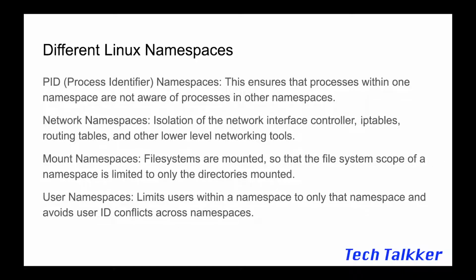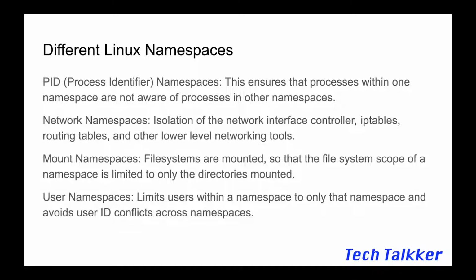Moving on. So these are the different Linux namespaces which we already kind of looked at. One is the PID namespaces. This ensures that processes within one namespace are not aware of processes in other namespaces. The second is network namespaces. Isolation of the network interface controller, IP tables, routing tables, and other low-level networking tools from that of the host machine.